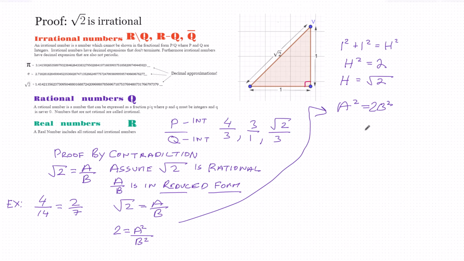If a squared is equal to 2b squared, and this is from number theory, you must review a little bit of the number theory, that means a squared must be even. So a squared is an even number. If a squared is even, then a must be even.